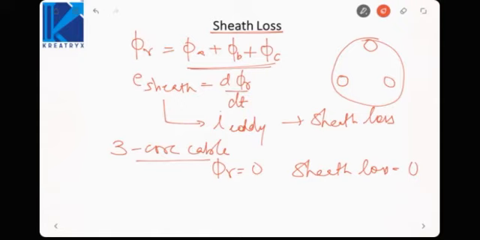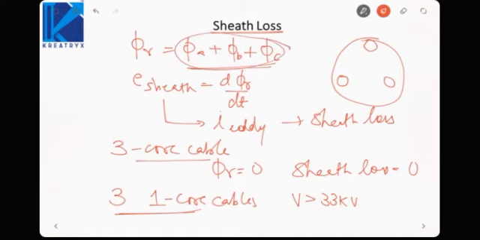So instead of 3 core cable, we will use 3 single core cables at higher voltages. Okay, that is voltage greater than 33 kV, we will use 3 single core cables. In this case, the resultant flux will not be 0 as the 3 cables will not be symmetrically placed.